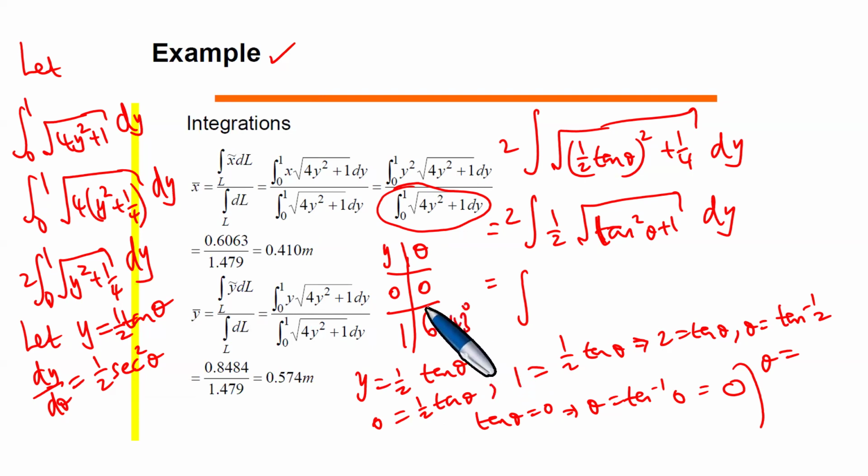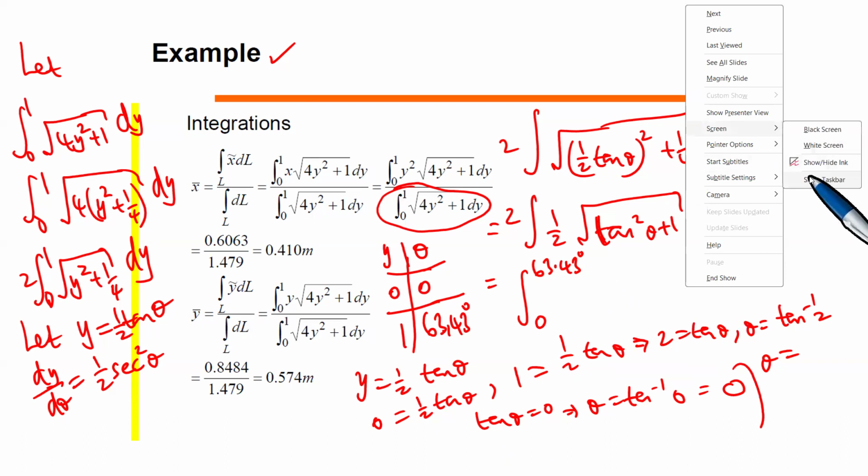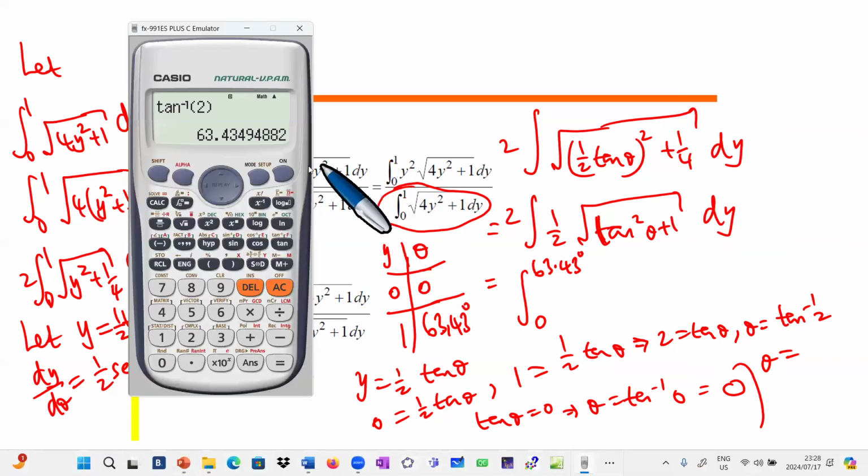The calculator is giving the answer in degrees, but you can deal with the answer in radians. Meaning obviously we shall integrate from 0 to 63.43 degrees, but you can do it in radians. You can set the calculator differently, which is very nice. At university, we don't like degrees, so I need to just set the calculator and get the answer in radians.